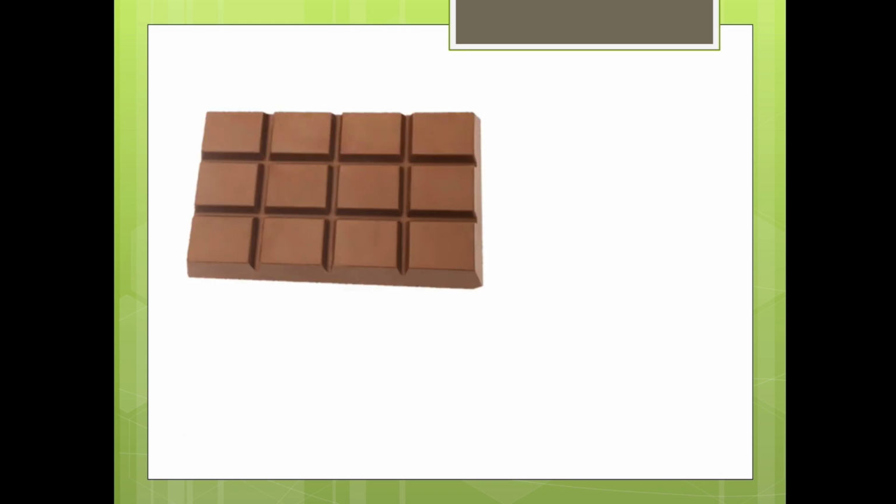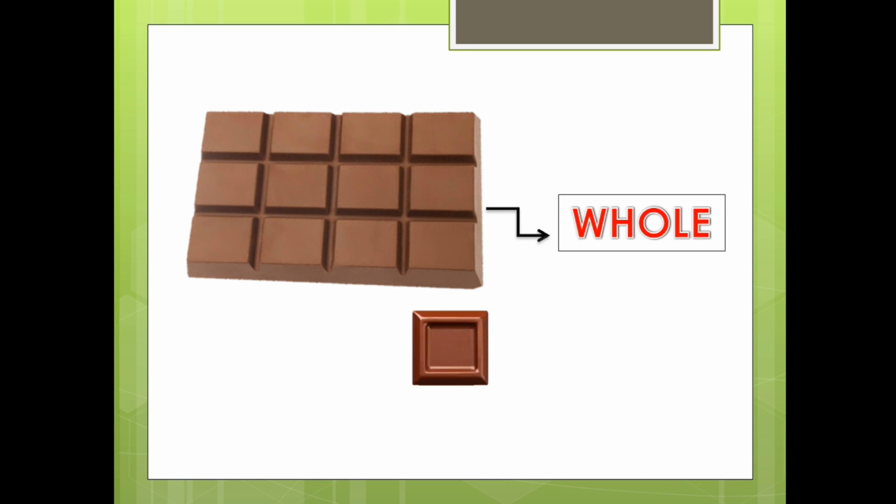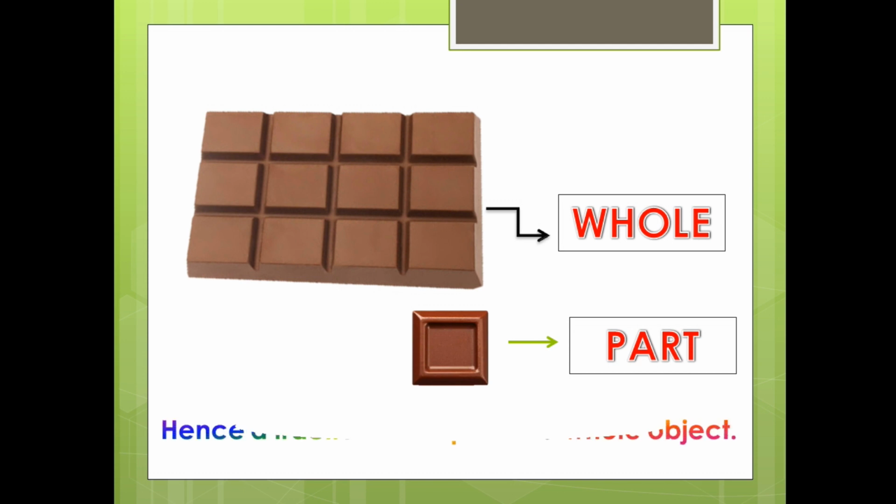Now what is this? This is a whole chocolate, means complete chocolate. Yes or no? And if we take a single piece of that, it will become a part. So you understood what is whole and what is part? The complete one is a whole, and if we take single parts from that, it is known as a part.